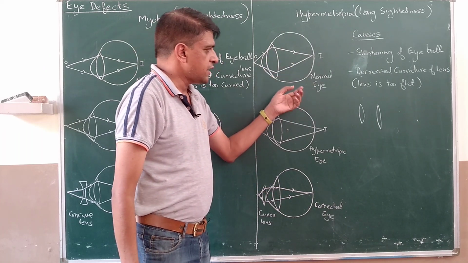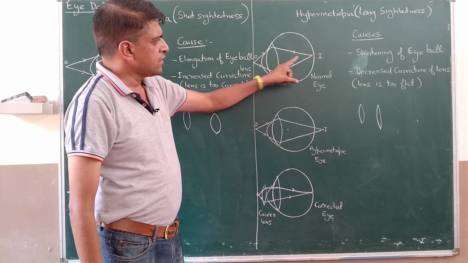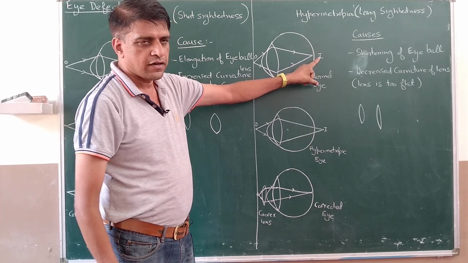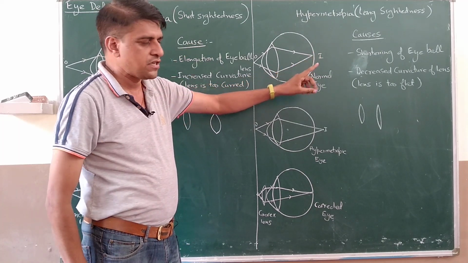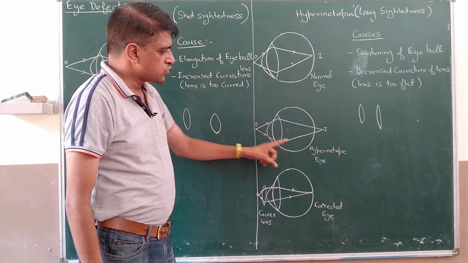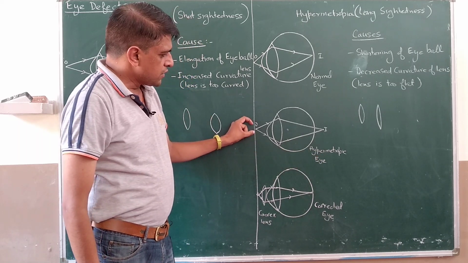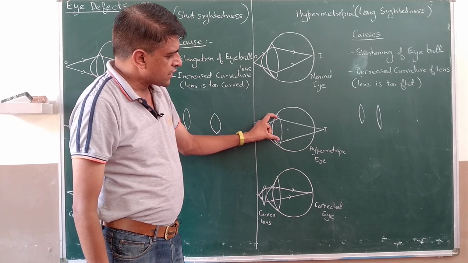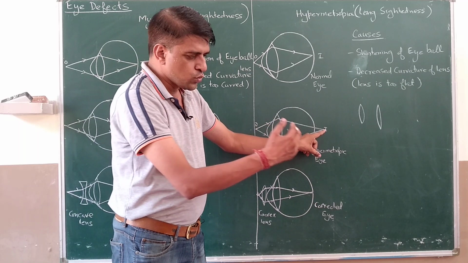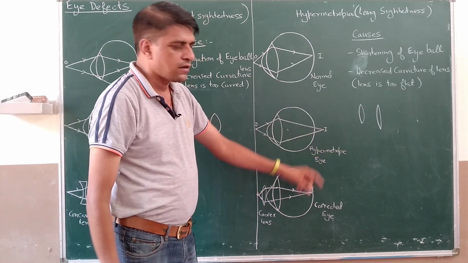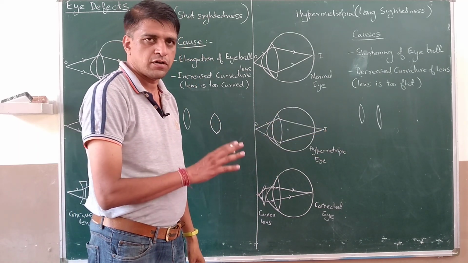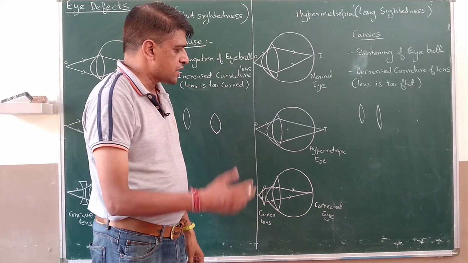As you can see in this figure, a normal eye can focus the light rays on the retina properly so that we can see clearly, but in case of a hypermetropic eye, the light rays get converged at a place just behind the retina. That's why the person is not able to see the objects clearly.